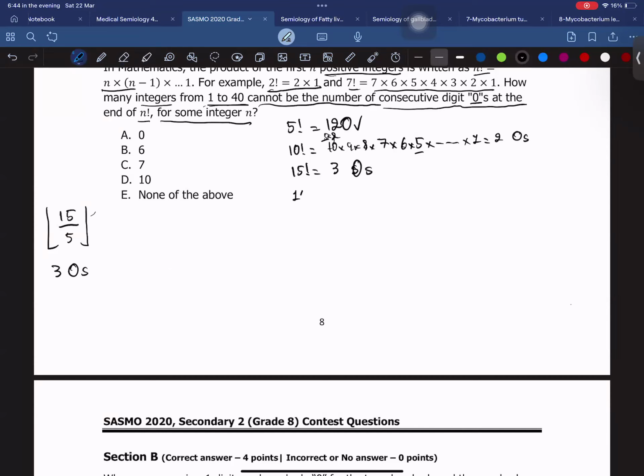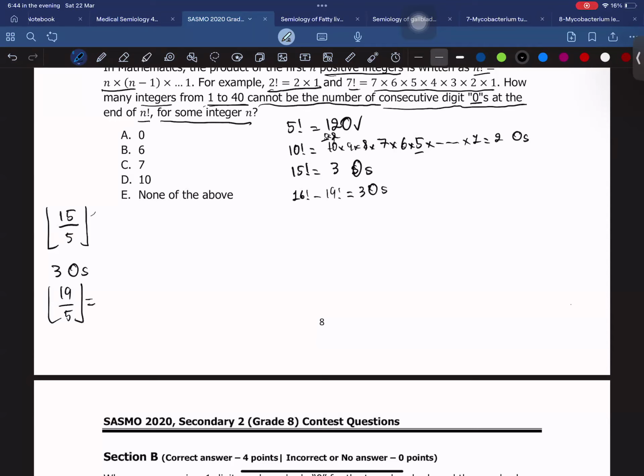So from 16 factorial to 19 factorial, we still have 3 zeros. Why? It's like this.